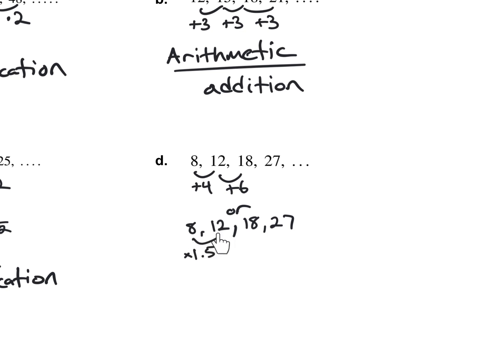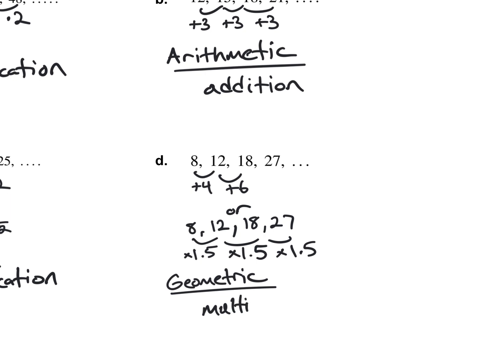When you take 12 and divide by 8, it gives you 1.5. And so we're multiplying each step by 1.5. Because we know we're multiplying, this again means we have a geometric sequence. So let's write geometric, put a line underneath it, and then make sure we write that we are multiplying. And that is why we know it is geometric.